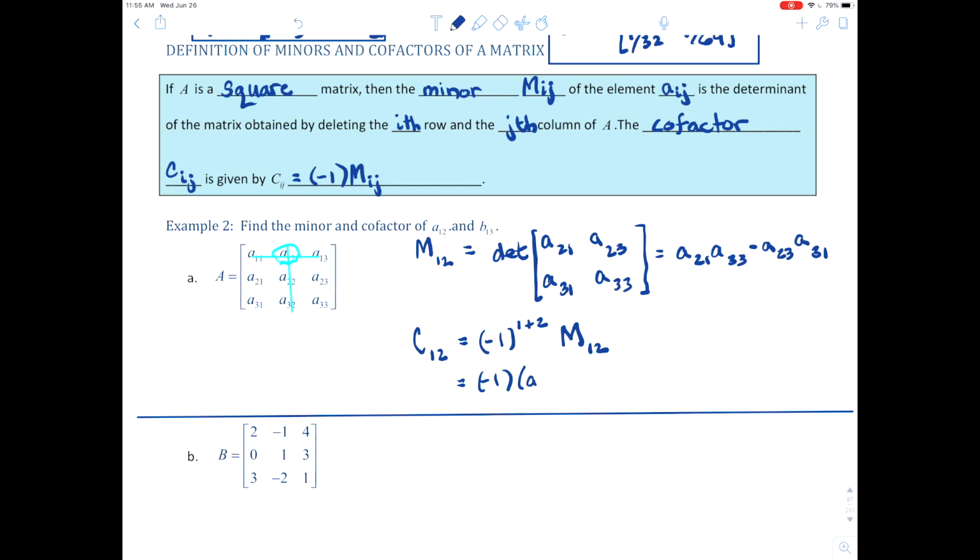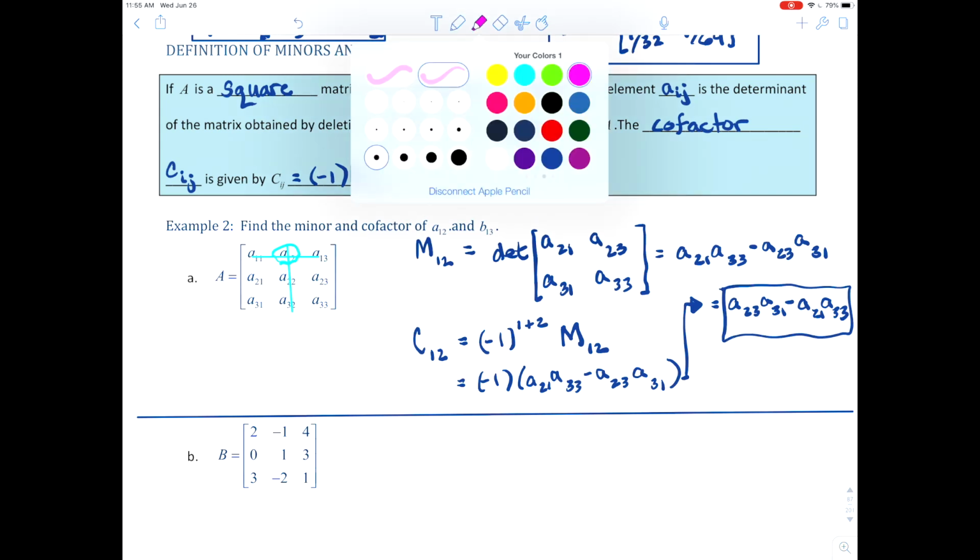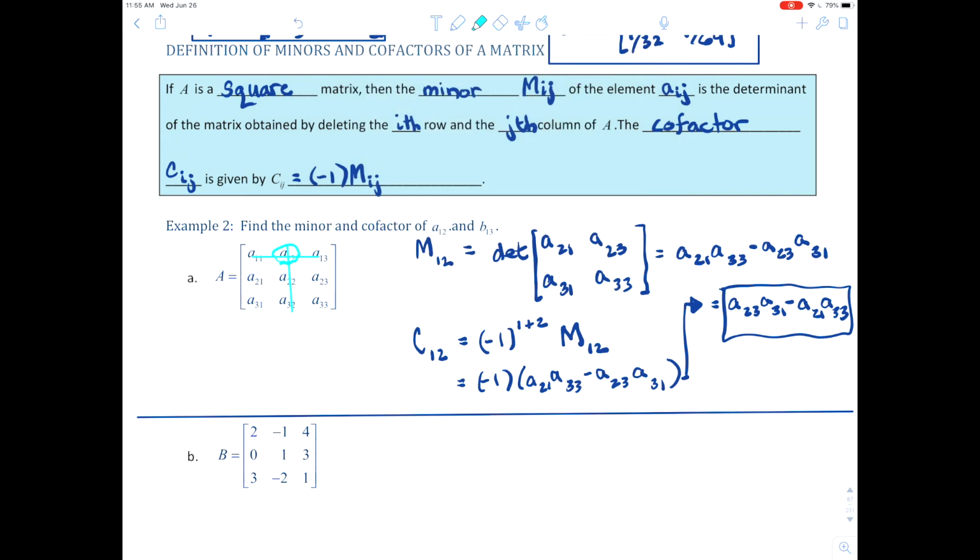Beautiful. A21, A33 minus A23, A31, which is equal to, I'll switch them around to make it look pretty, A23, A31 minus A21, A33. Cool, cool? And then just kind of matching up what we had found, our minor for entry A12 was equal to this here.